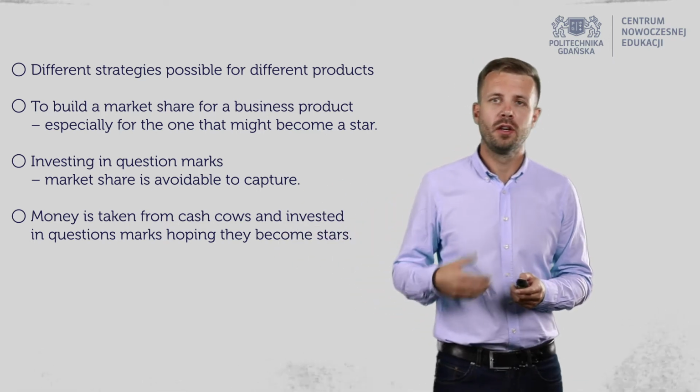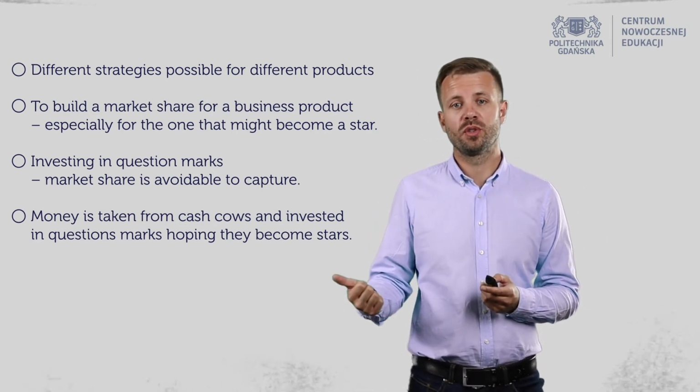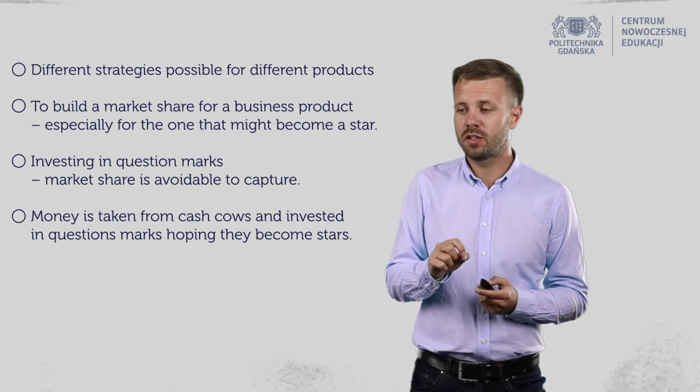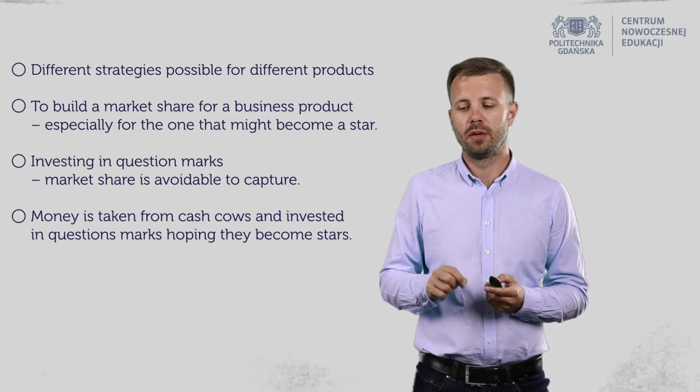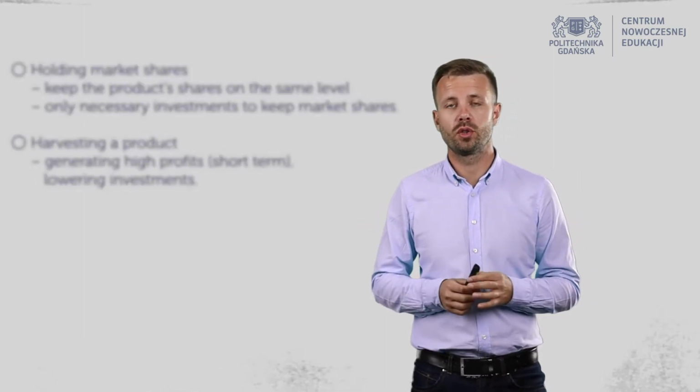Theoretically, of course, that sounds the best, but it requires having a product which is already a cash cow and a product which has the possibility to become a star. If we don't have that, sometimes we might use different strategies. The second strategy is called holding the market share.